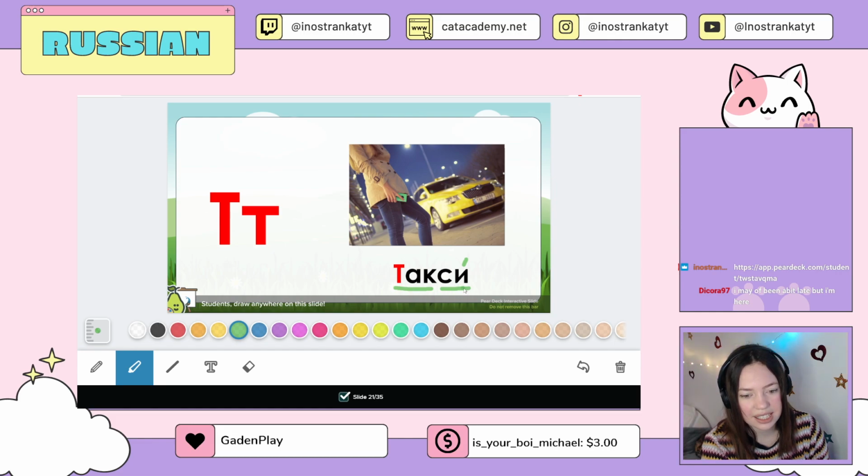Yeah, so this last letter we have already checked that it looks like a crooked letter N in English, but actually it's a vowel E. Taxi. So the same as in English, letter T. And also we decided to call any letter using the Russian word. It will be bukva, bukva T, letter T.